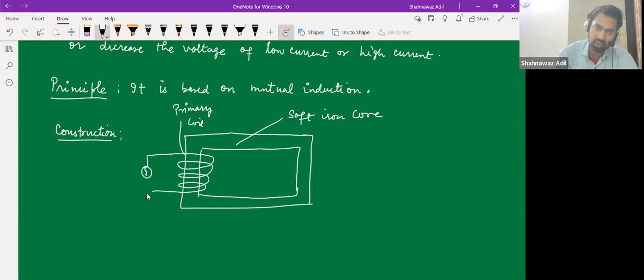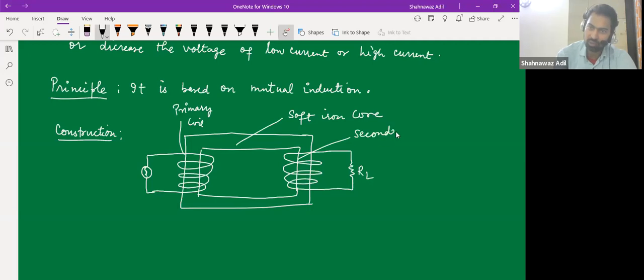That is why we are calling it the primary coil. And then we have this secondary coil, and in this secondary coil, this load resistance is connected. So this is the secondary coil. So this is the construction.